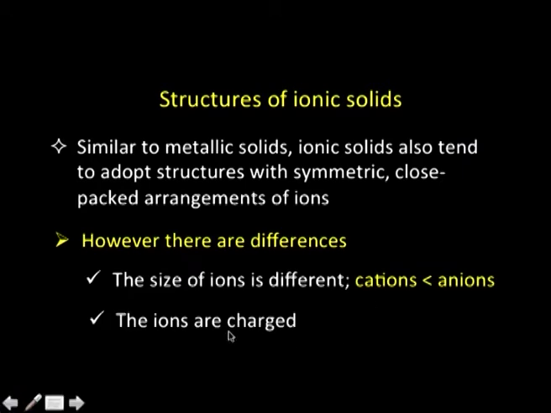Firstly, the size of ions is different, because in metallic solids all atoms are identical, whereas in ionic solids the 2 ions constituting the solid are of different sizes. Typically, cations are smaller than anions. And the second thing is, the ions are charged species. That is again a very significant difference, because in metallic solids they are all electrically neutral atoms, and here we have charged particles. So, because of this, some differences will come into play.